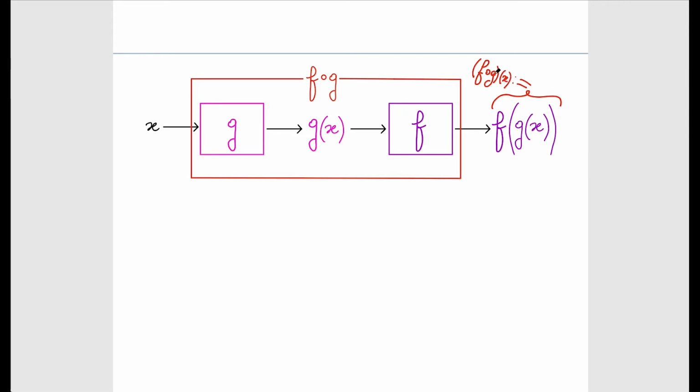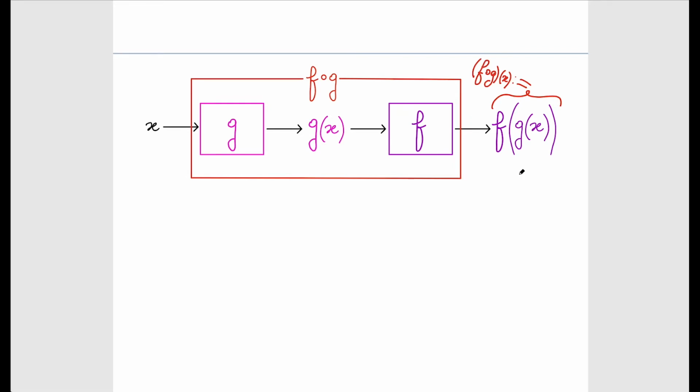X goes to g first, and then you're going to produce g of x, and then g of x is going to go to f, and then the output is going to become the output of the entire machine. Okay? So keep in mind, it's written f circle g, but g acts first. Okay? It operates in a reversed fashion. Okay? So the idea is that x goes here, and then the result goes in f.